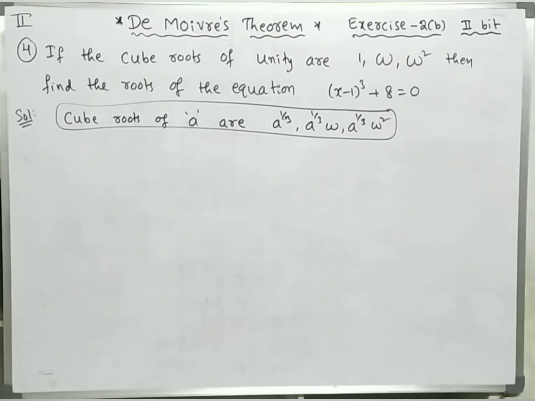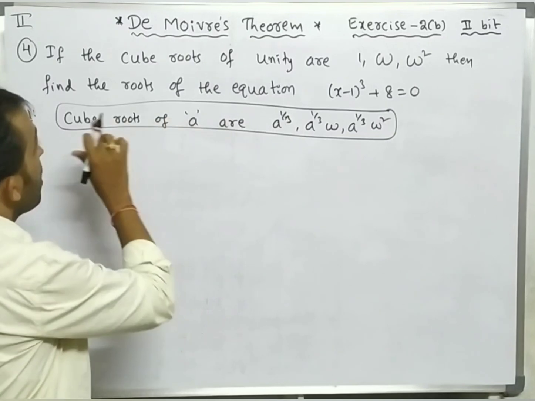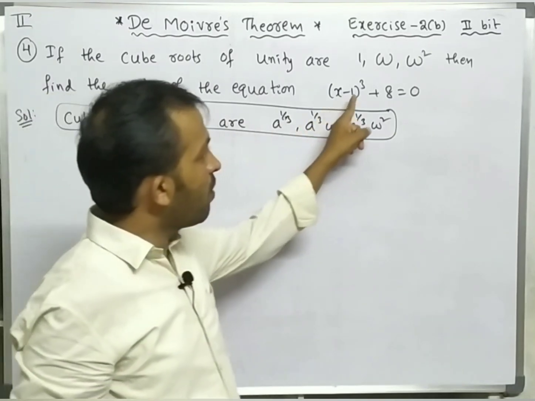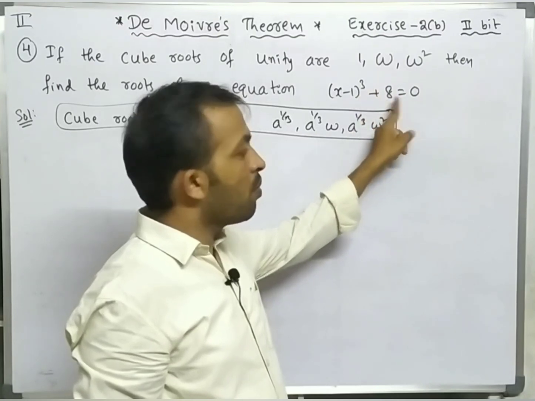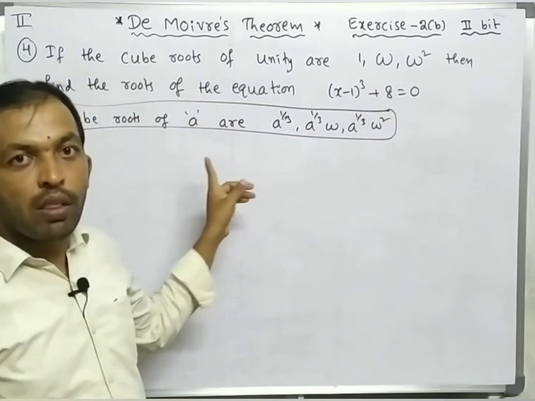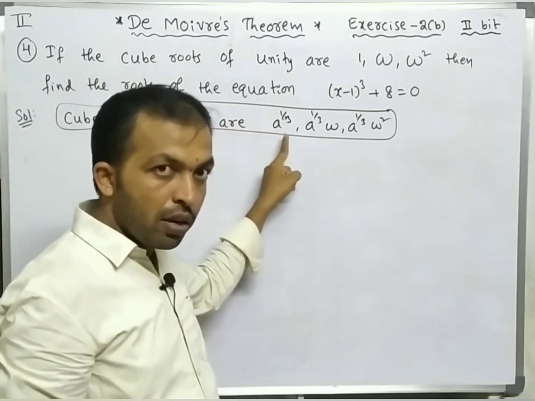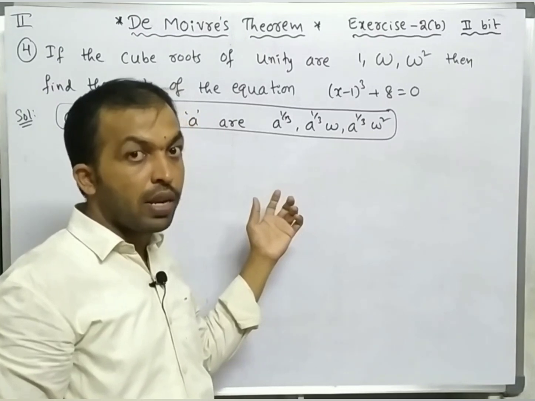Next, fourth problem. If the cube roots of unity are 1, omega, omega square, then find the roots of the equation x minus 1 whole cube plus 8 is equal to 0. We have one condition, that is the cube roots of a real number.